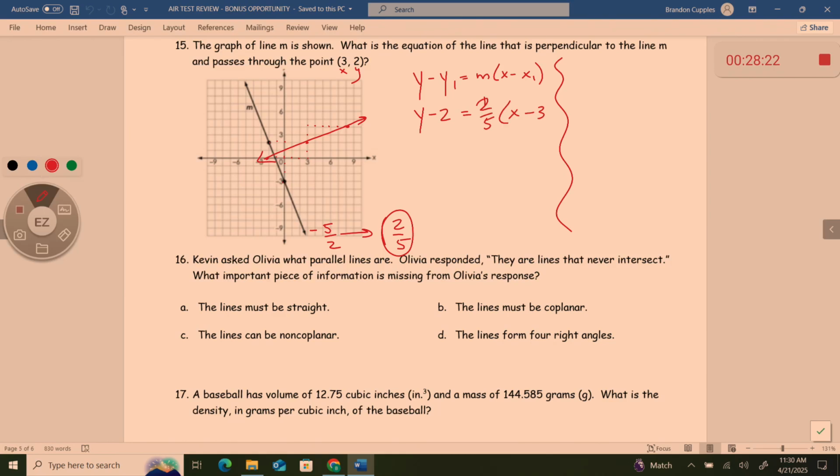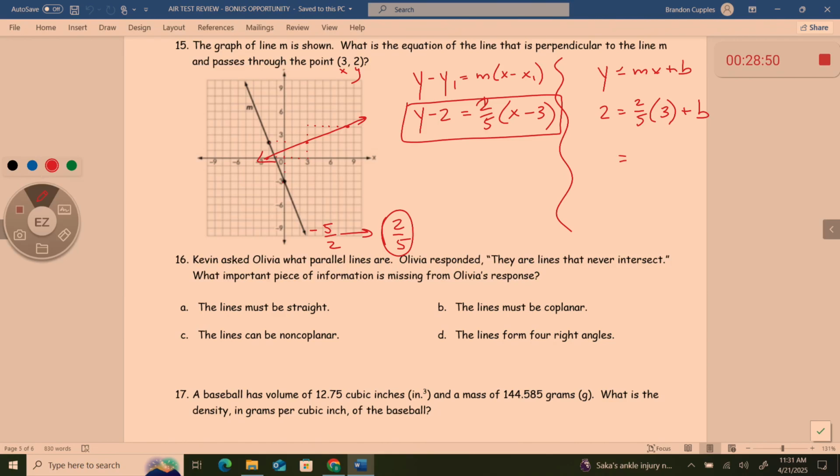Okay. Another way to do this would be using slope-intercept form. Okay. And again, I'm going to plug in my x and y values. So y is 2, the slope is 2/5, the x value is 3 plus b. Okay. Now again, this is trickier. If I go ahead and multiply these two together, I get 6/5 or 1 1/5.